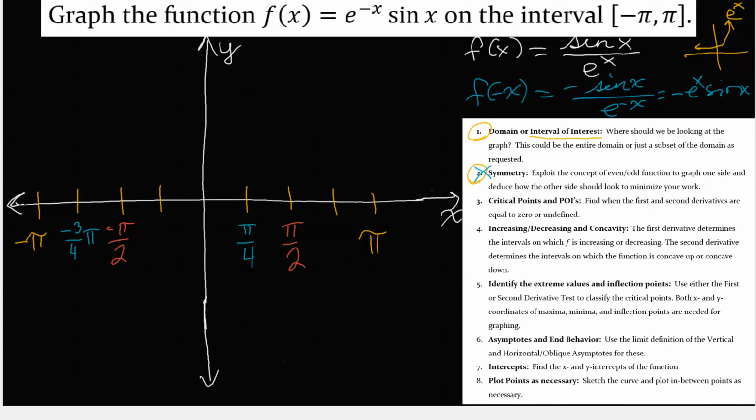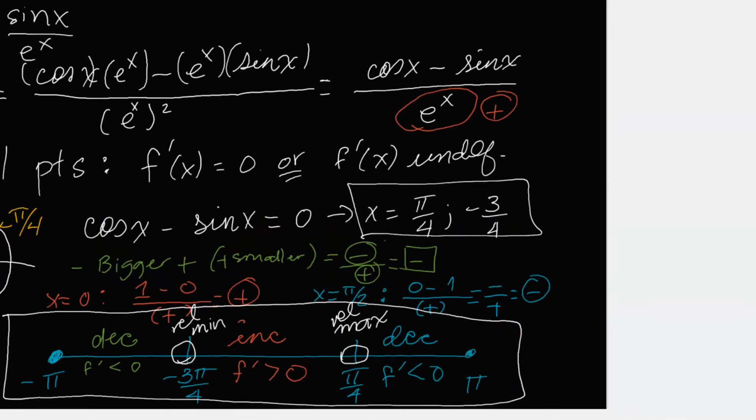Actually, before we put the interval together, it would make sense to actually find out what the function values are so that I know where the points are on that graph.